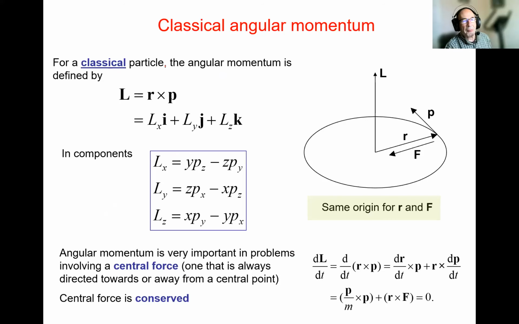But in classical physics, this type of behavior, when something is orbiting something, is described using angular momentum. And so angular momentum for a classical particle is introduced in this way. We have a vector product of position and the momentum of the particle.